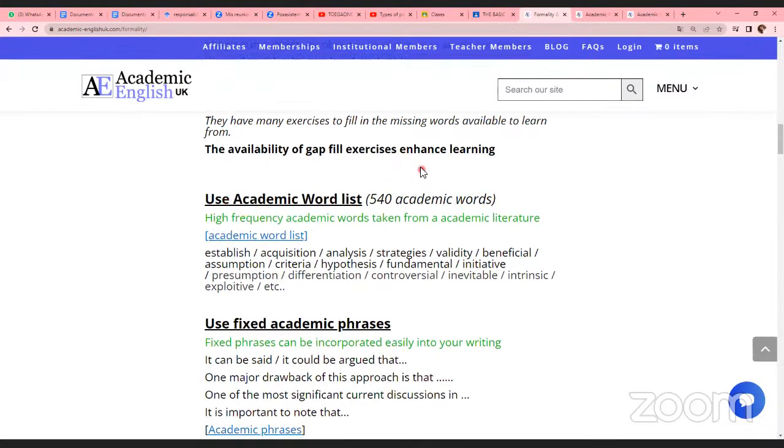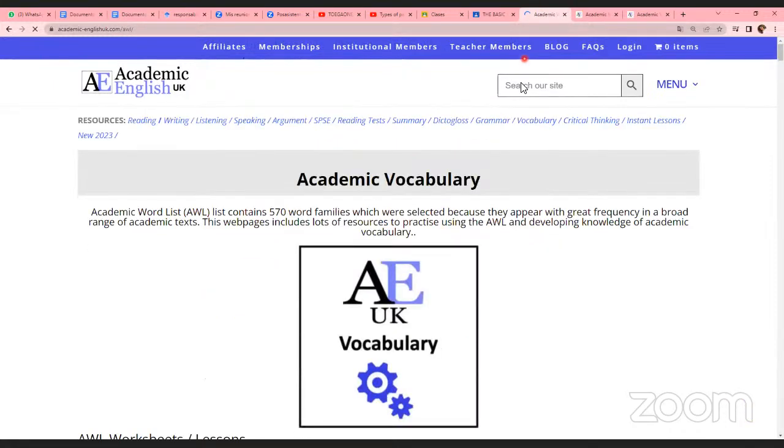And then, yes, we have to use the academic word list, right? High frequency academic words taken from academic literature. So we have this list, okay? For example, establish. Okay, I guess it is loading.